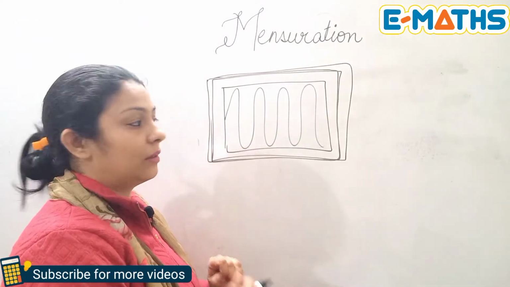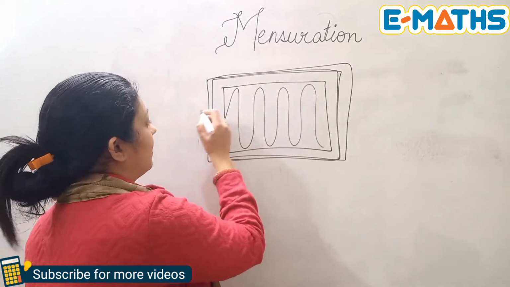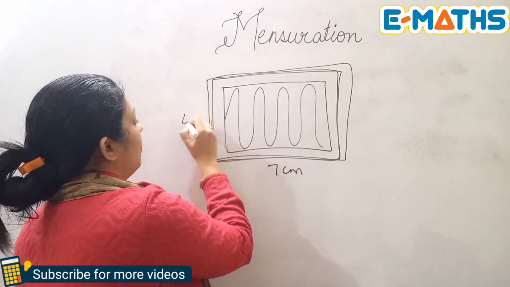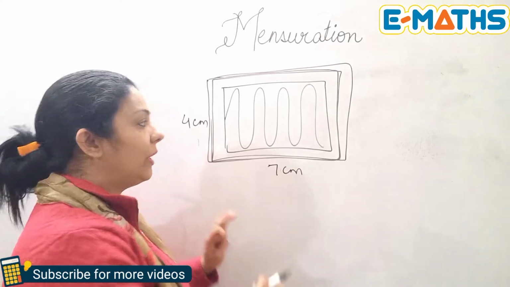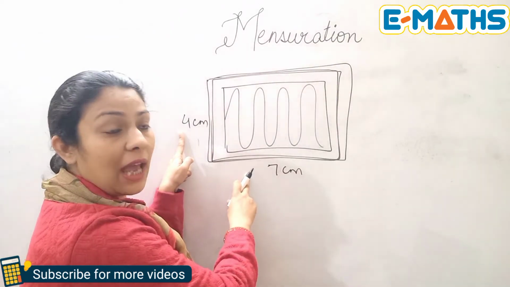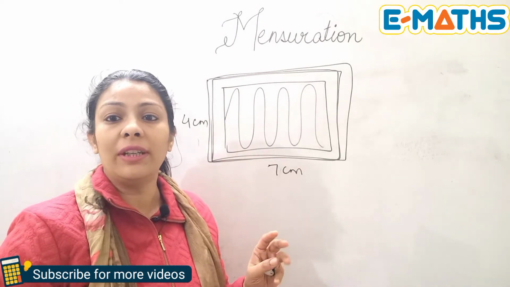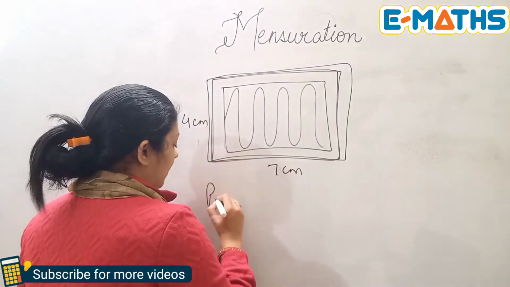And suppose the length is 7 centimeters and the breadth is 4 centimeters. If he or she knows these dimensions, he can easily calculate how much he has traveled if he has taken 5 rounds of this garden. So he needs to find out the perimeter in such a case.